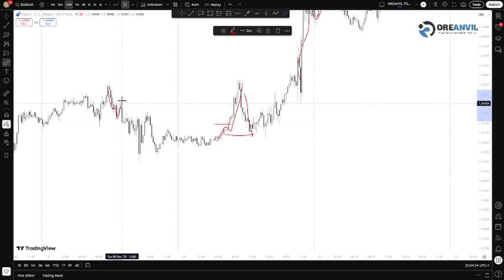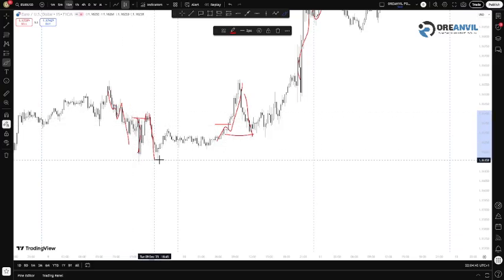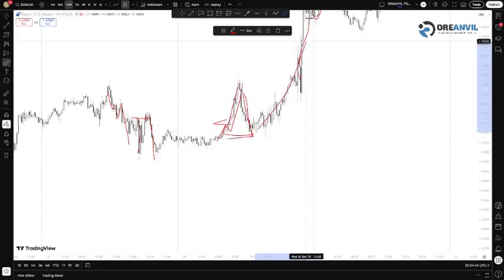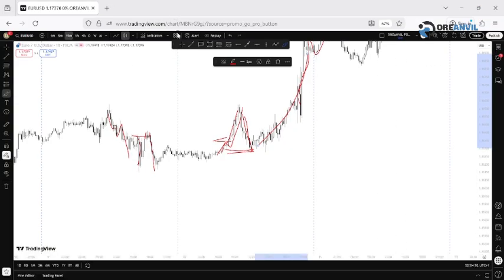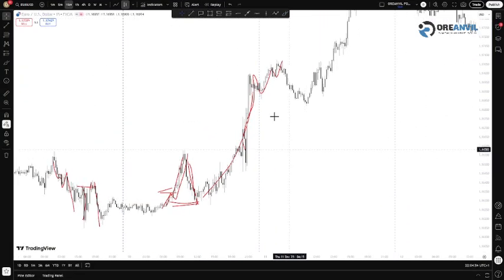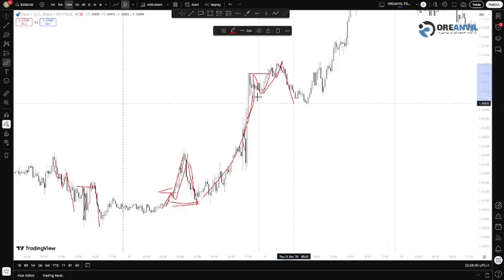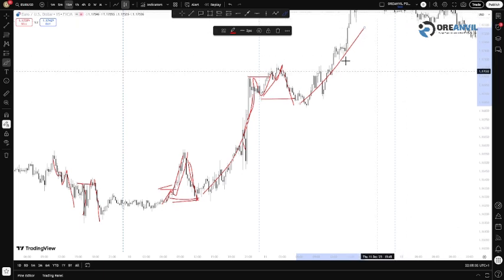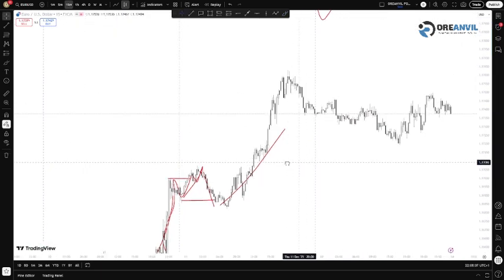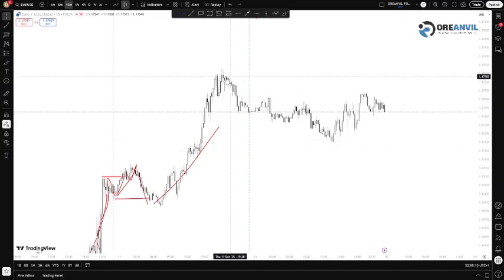Fake BOS, inducement, continuation. That is what the market delivers in every scenario.